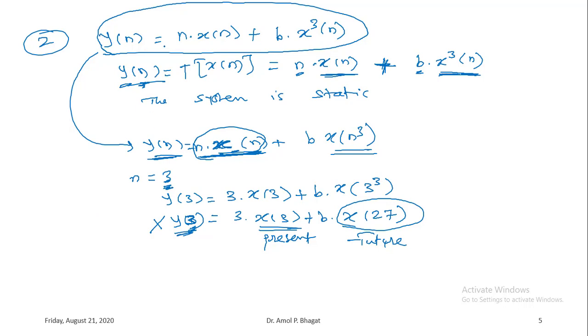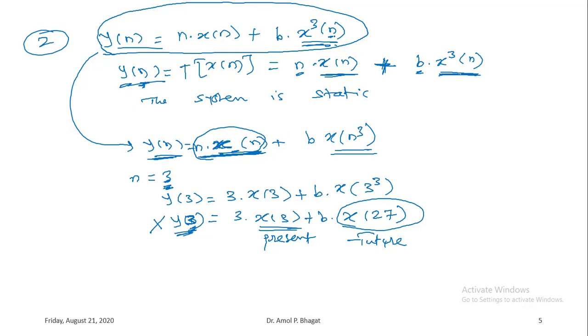But in the given input-output equation, we are taking the cube of the input sample itself, okay. We are not taking the cube of the current input sample's time index, or the cube of the discrete time.